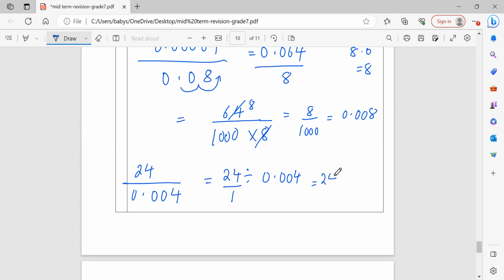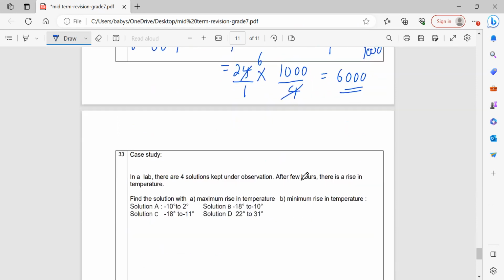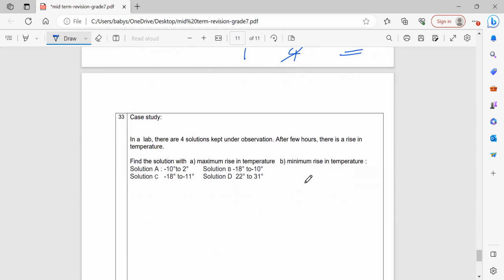And I can write 24 divided by 1 divided by 0.004, which will be 4 divided by 3 decimal places, no? So write 1000. Now you can swap the numerator. You can write division as multiplication. 1000 goes up and 4 comes down, no? So 4 1s are 4, 4 6s are 24. 6000 by 1, which is 6000. So this is it.